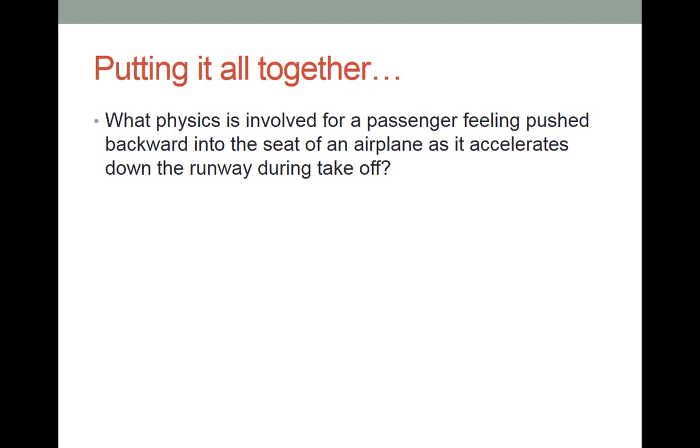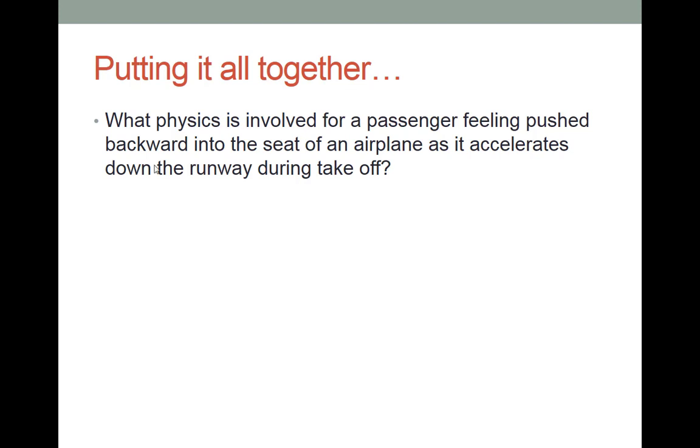So, we've got Newton's 3 laws at this point. And the question is, can we put them all together and apply them to a single situation and see how that results in what we experience?